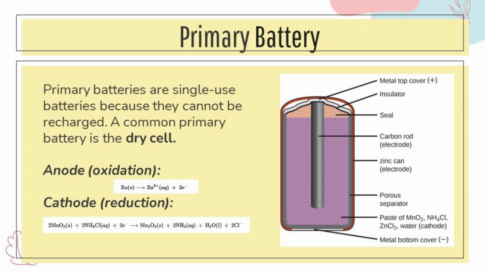Okay, so it is commonly used in remote controls and clocks, and then for the lifespan, it can only last up to 3 to 5 years. Okay, so again, this is under primary battery because the cathode reaction for this type of battery is irreversible. Okay, so once na mag-undergo na siya ng cathode reaction completely, na-use up na natin yung energy na nakastore sa battery na to, which is the dry cell battery.